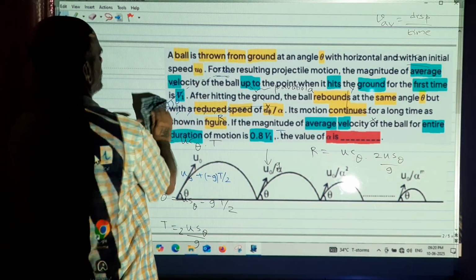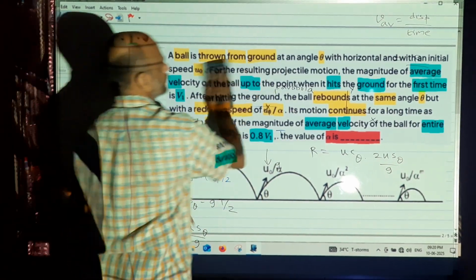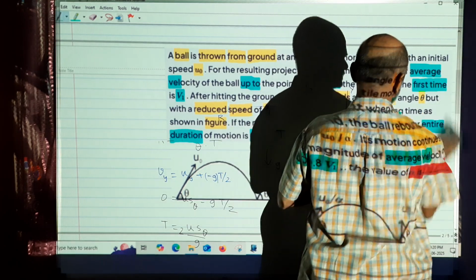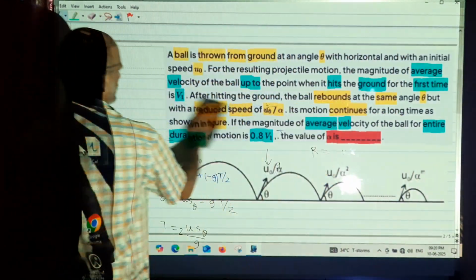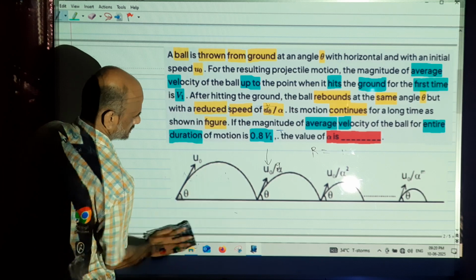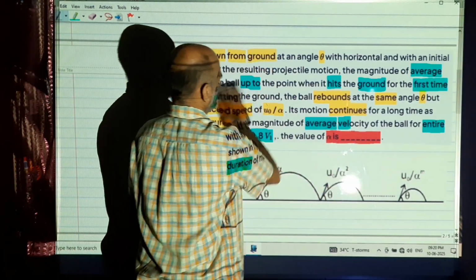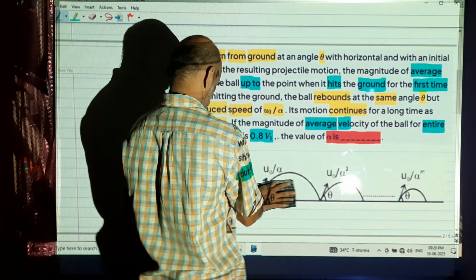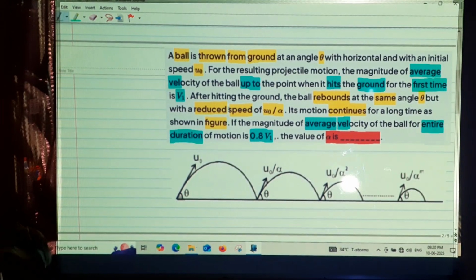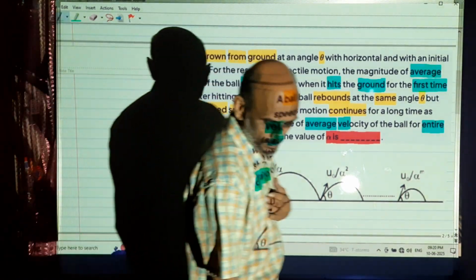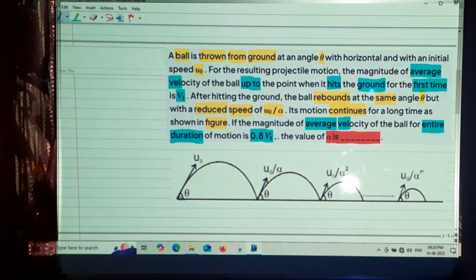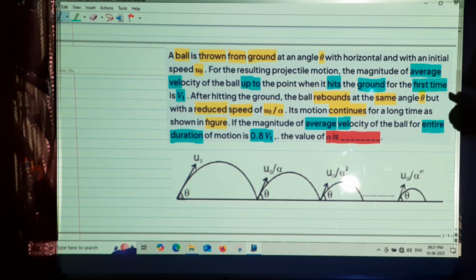This is the question. You can read it. A ball is thrown from ground at an angle theta with horizontal with an initial speed u0.